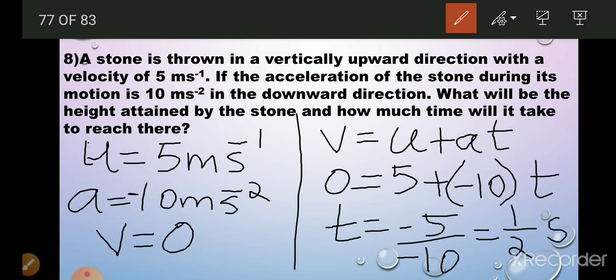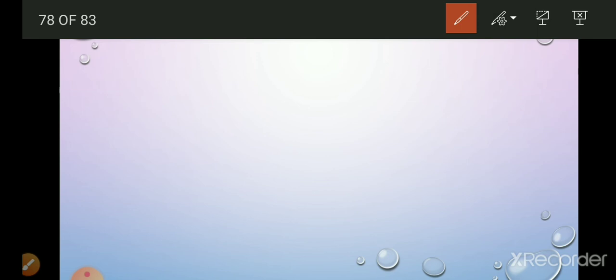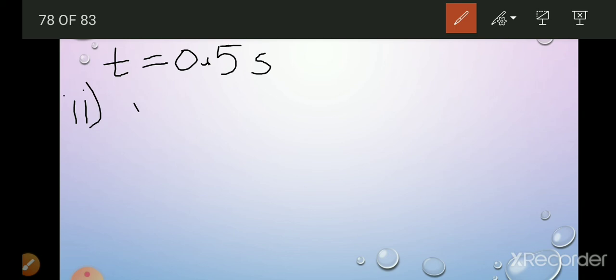Okay. So time taken to reach maximum height is 0.5 seconds. Next we have to find distance s, that is height h.